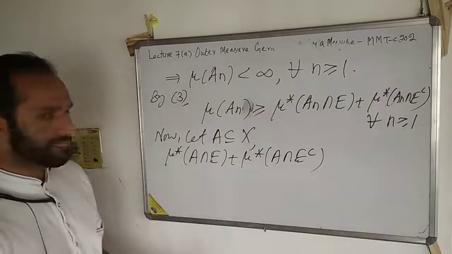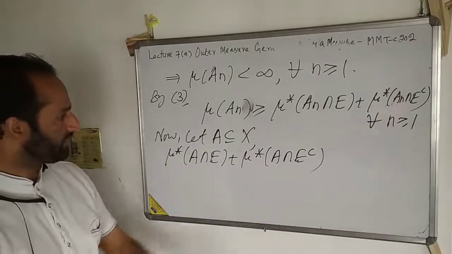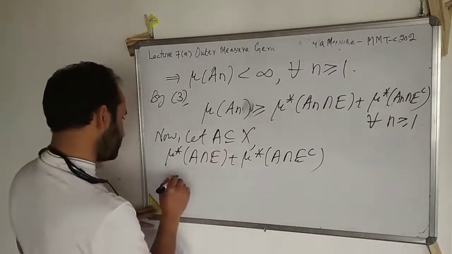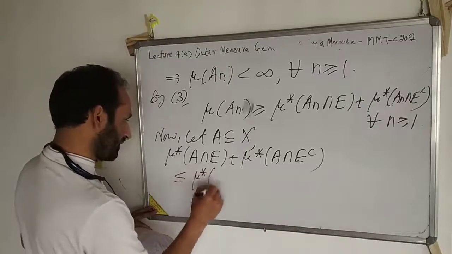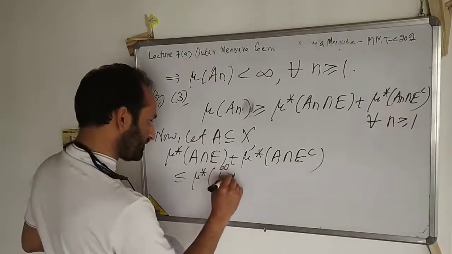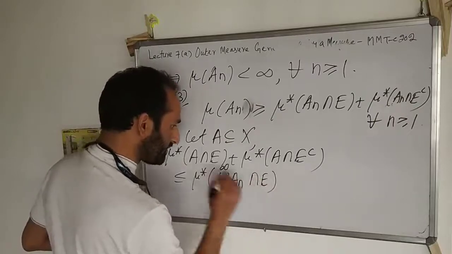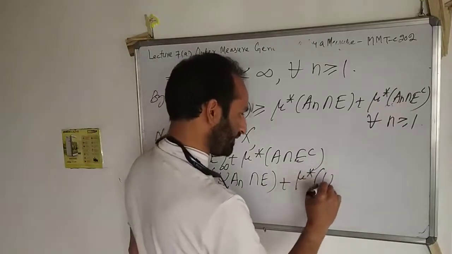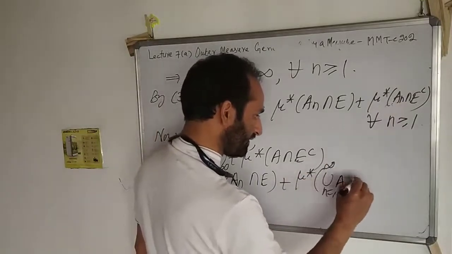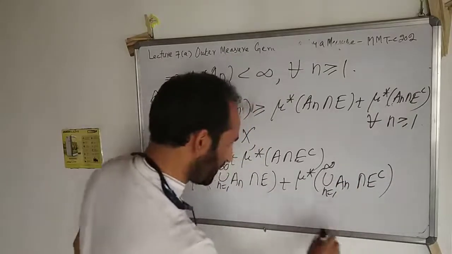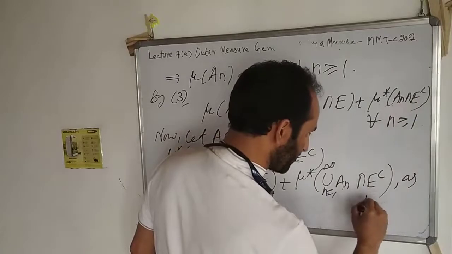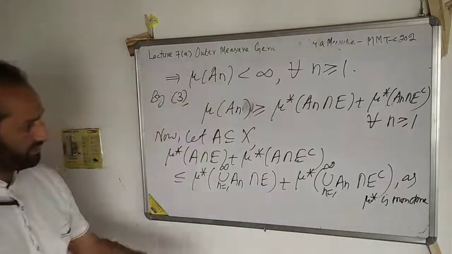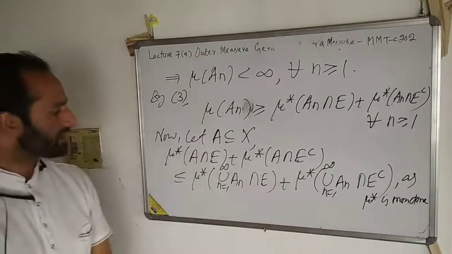And this A is a subset of union An, and mu star is monotone, so it's less or equal to mu star of union n runs from 1 to infinity An intersection E plus mu star of union n runs from 1 to infinity An intersection E complement, as mu star is monotone and A is a subset of union n runs from 1 to infinity An.